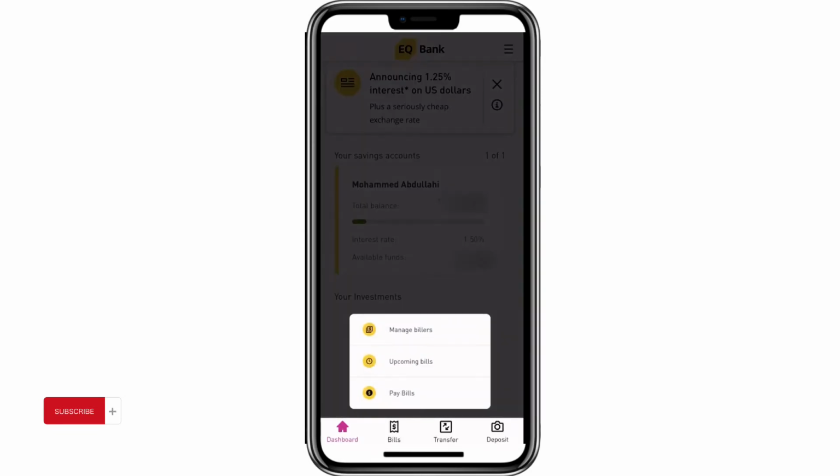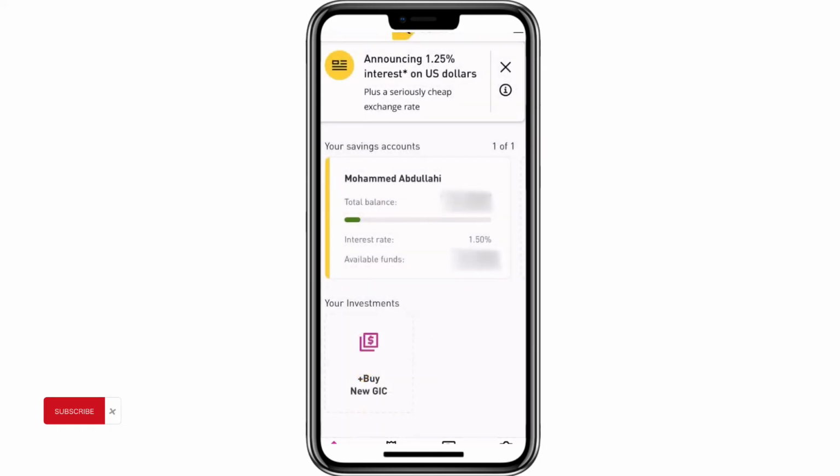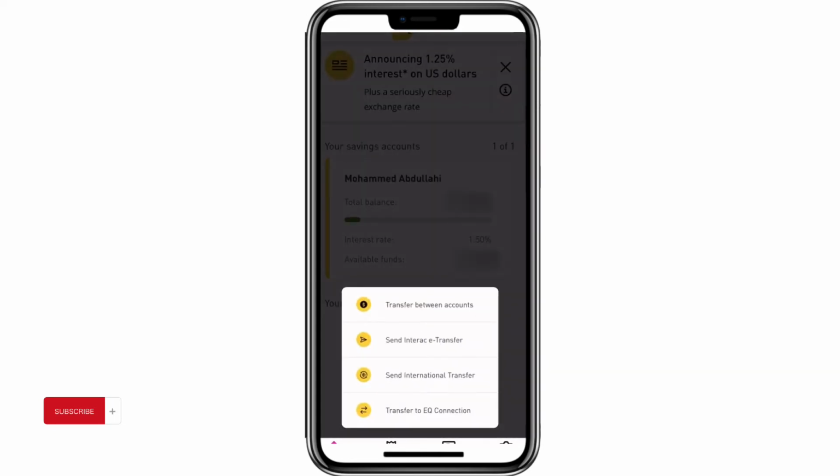Moving on now to the bill payment. You can manage your bills on here and set up recurring bills. So if you want the money to be taken out at the beginning of the month or at the end of the month, you can pay for your hydro, electricity, Enbridge, all sorts of bills you have, or even your car insurance.